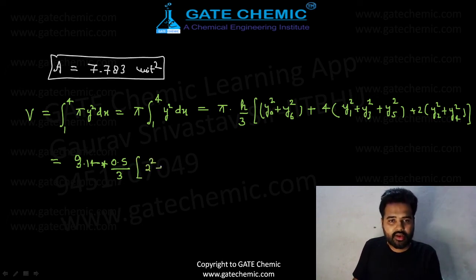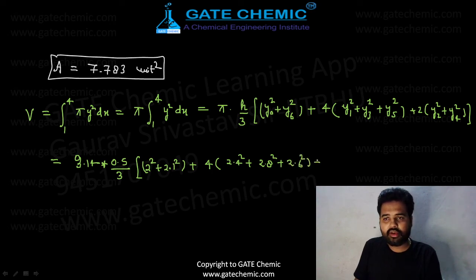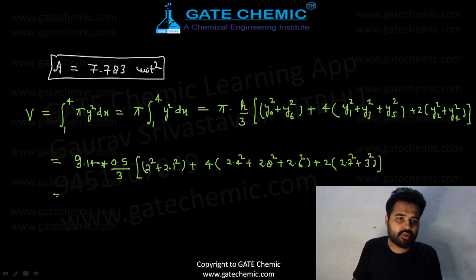So 2 square plus 2.1 square plus 4 into y1 was 2.4 square plus y3 was 2.8 square plus y5 was 2.6 square plus 2 into y2 was 2.7 square plus y4 was 3 square. Okay beta, now solve this one.